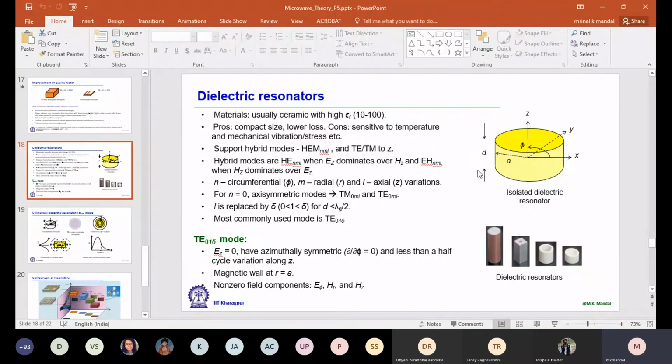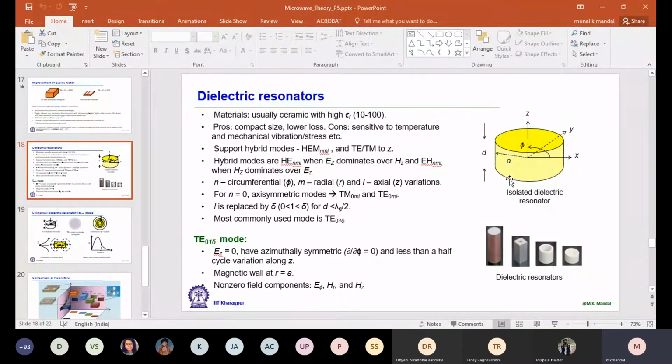Since it is smaller than lambda g by 2, we represent it by delta. So this mode, TE01 delta, is the most popular mode for a cylindrical dielectric resonator. Let us concentrate on it and see how the field configuration looks without doing any mathematics.